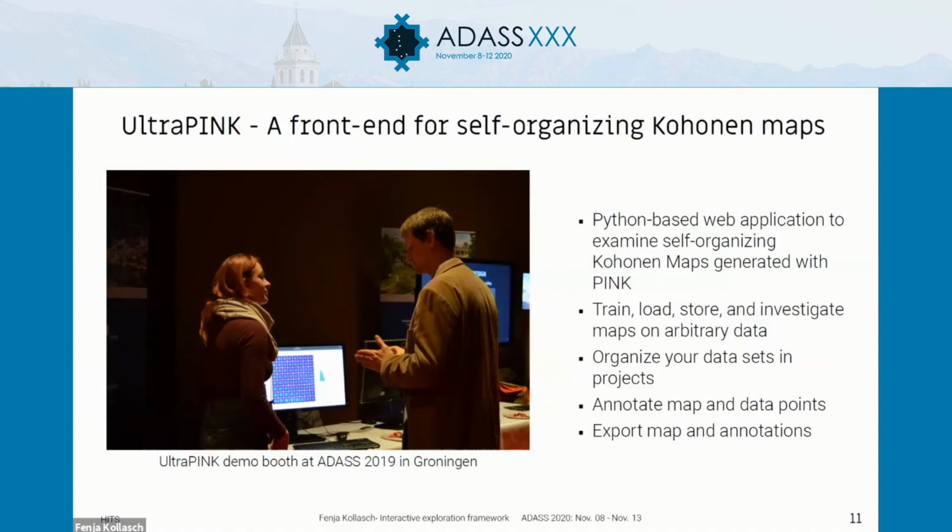Or maybe you remember the last ADASS in Groningen, where Bernd Doser and I presented Pink and UltraPink, also 2 applications from our research group. Pink is an application where you also do dimensionality reduction with self-organizing maps, where the common shapes in the data set are represented by a certain number of prototypes.